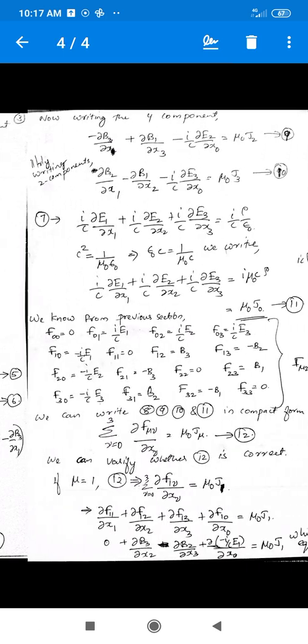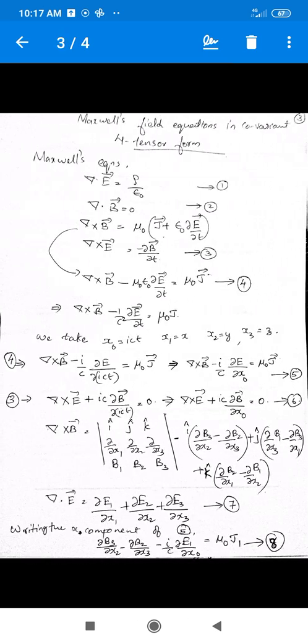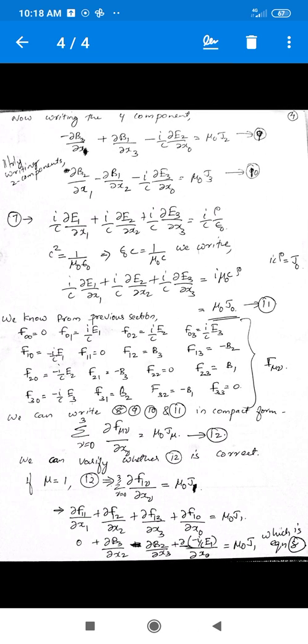I hope you understood. Now writing the y component, it will be minus of dou B3 by dou x1 plus dou B1 by dou x3, minus i by c dou E2 by dou x0 is equal to mu 0 J2.